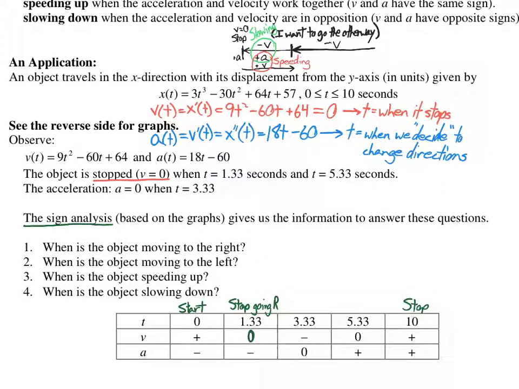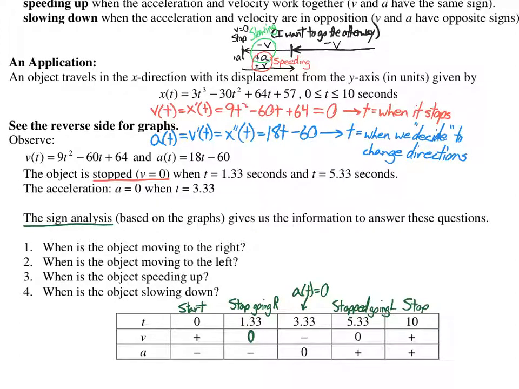So at this 0, that means we stopped going left. And then, of course, right here, that's when we decided to change directions. That's when our acceleration equaled 0.